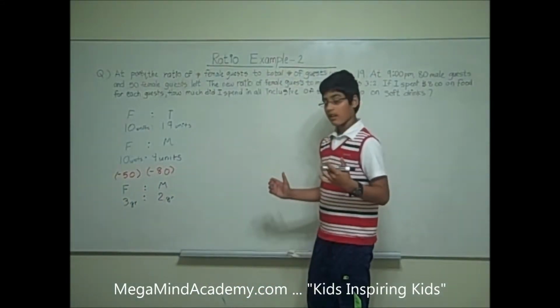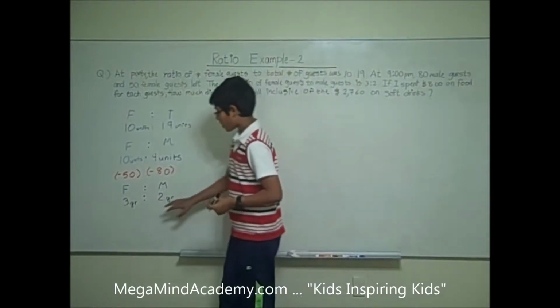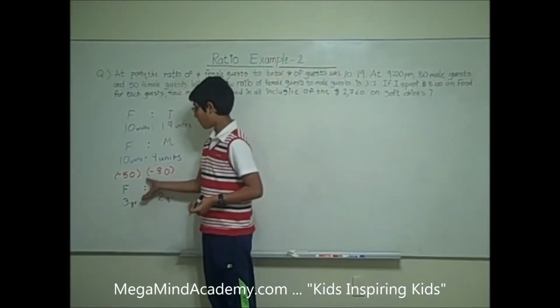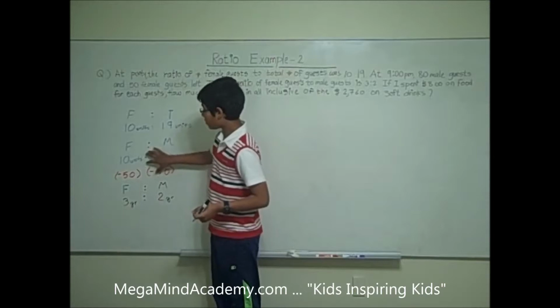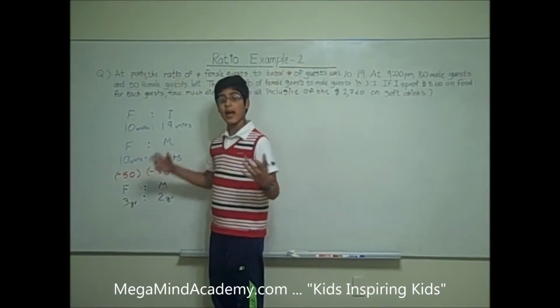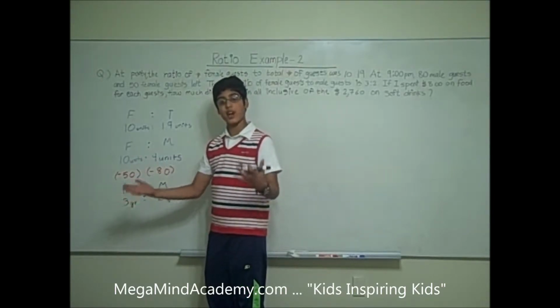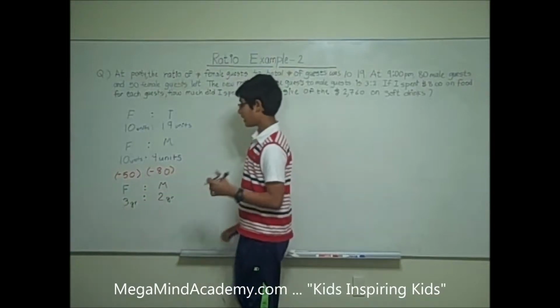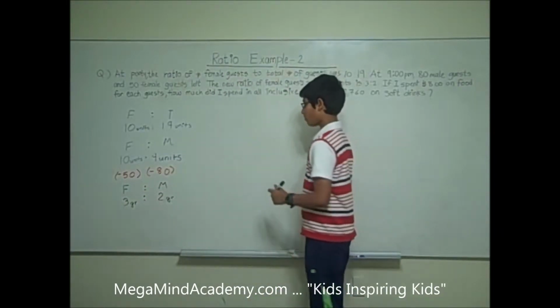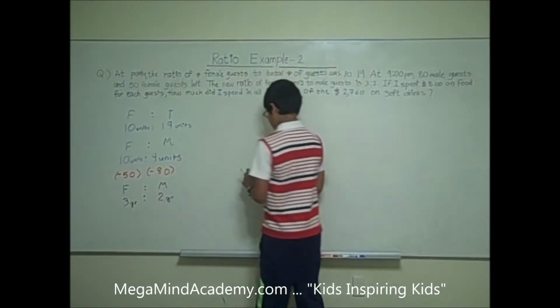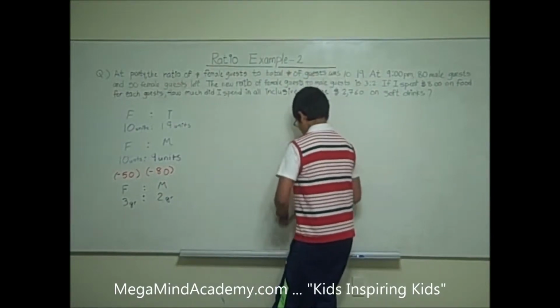Now, therefore, 3 groups plus 50 is equal to 10 units, which is how many female guests we started out with. Let's write that down. So, let's write it in red.